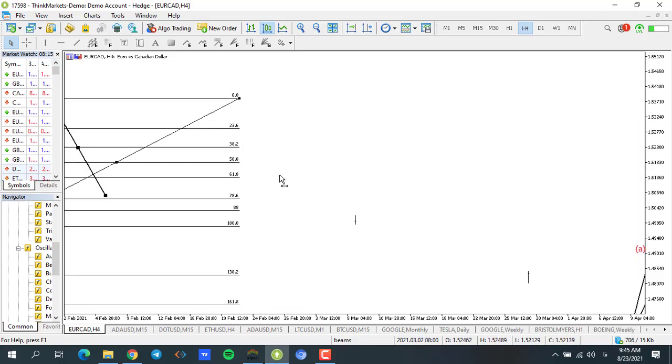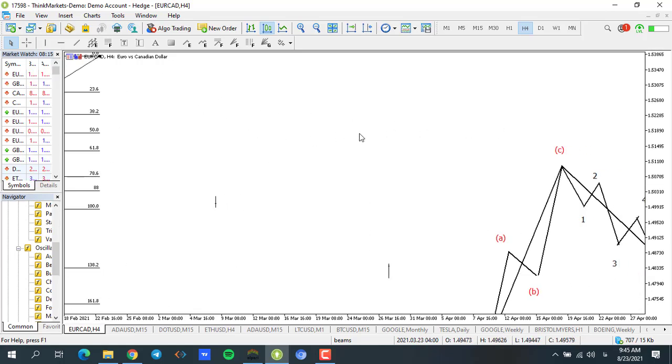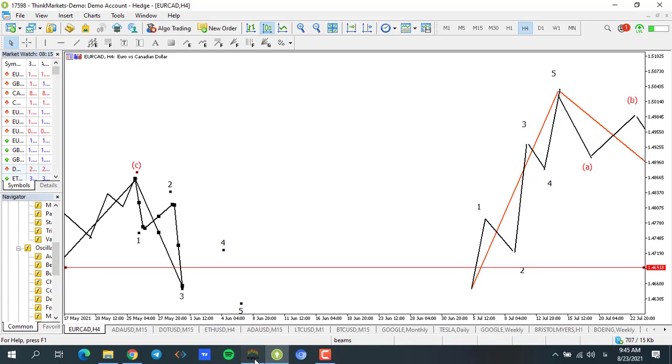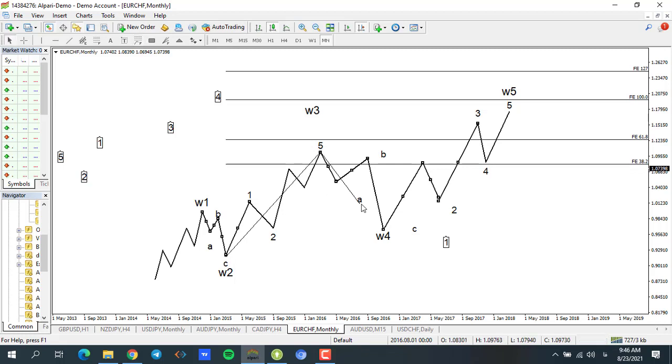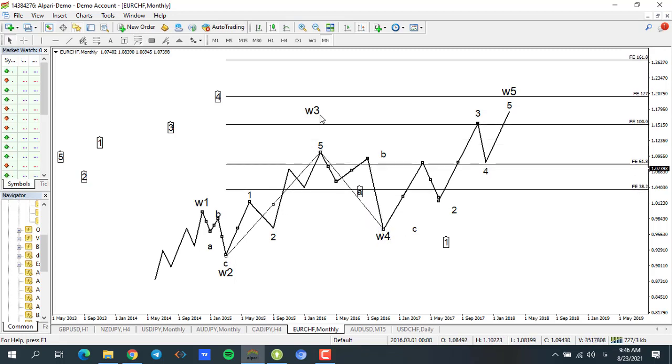Okay, and when we have a terminal pattern, here for example, our fifth wave is shortened. What I mean by that is that we draw a projection Fibonacci for 3 and 4.